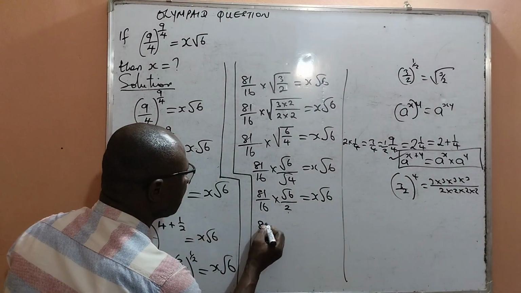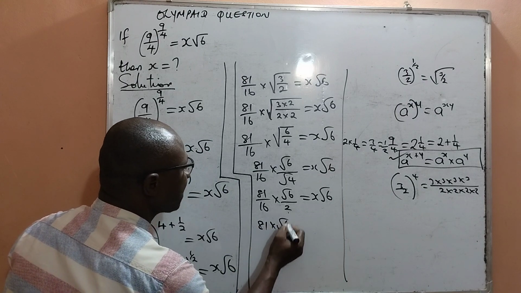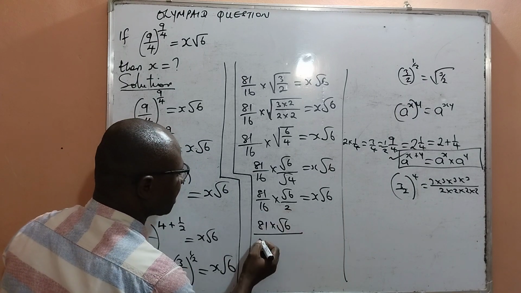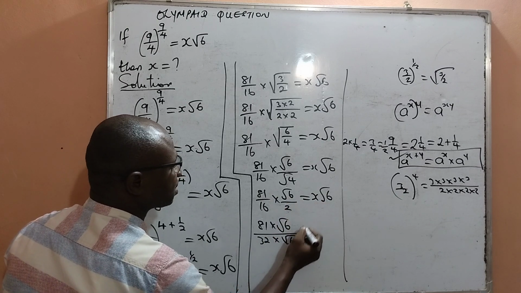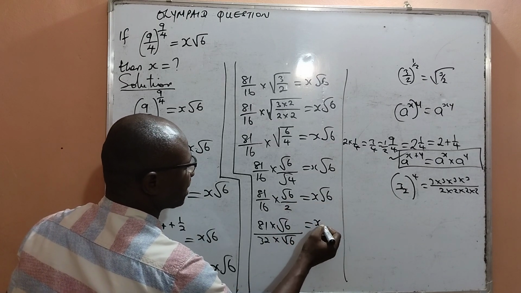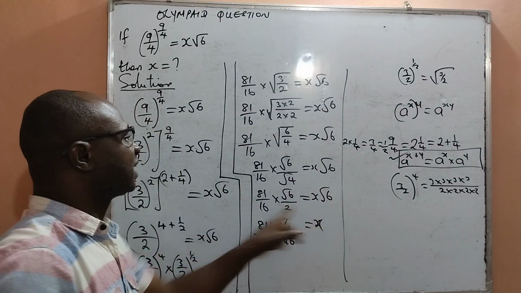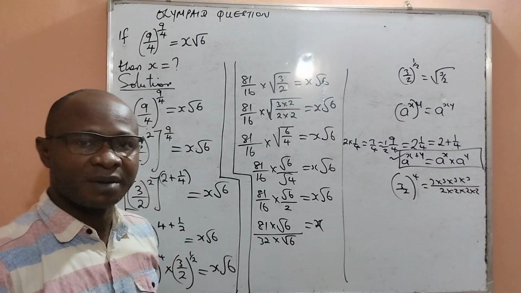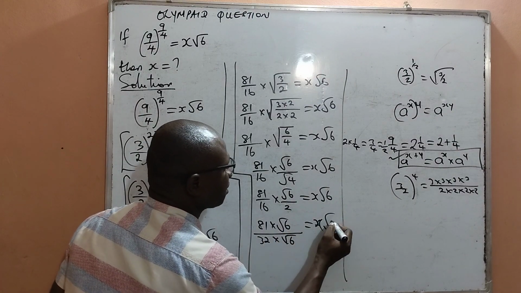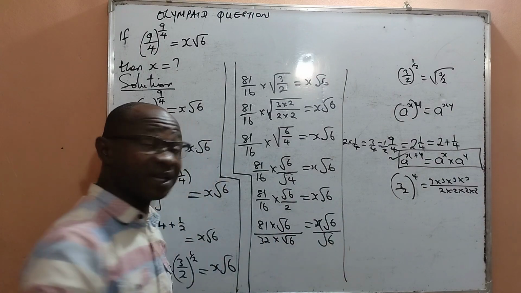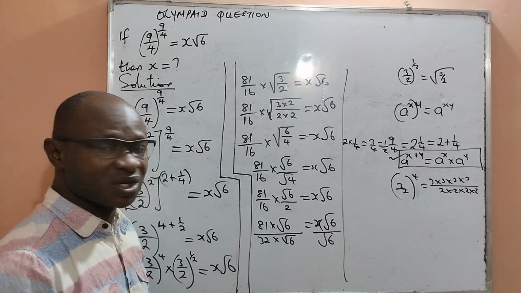And that means 81 multiplied by root 6, all over 16 times 2, which is 32, multiplied by root 6, is equal to x.